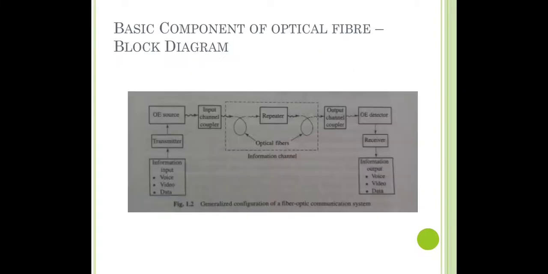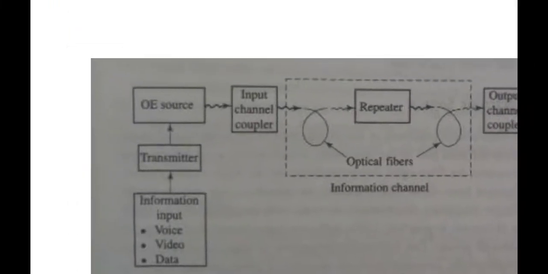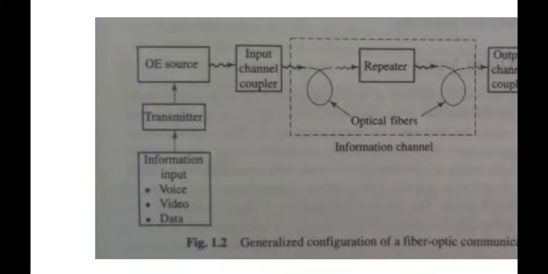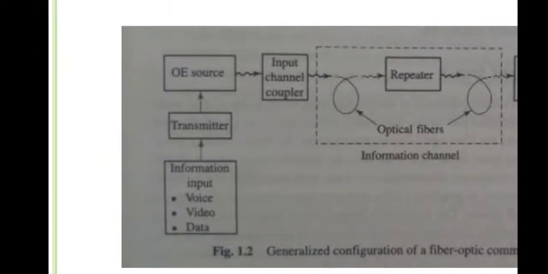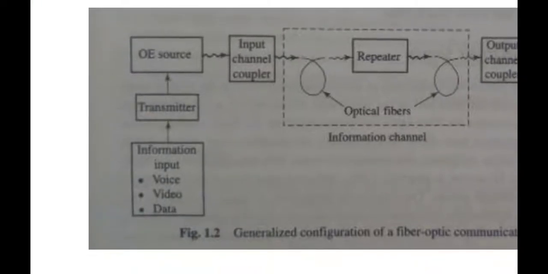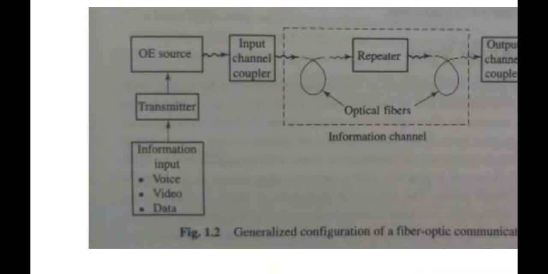And the next block in the block diagram is the OE source. OE source is nothing but an optoelectronic source. The purpose of this block is, in an optical fiber cable, our information is in the form of light rays. So in order to convert the electromagnetic waves into light rays, the optoelectronic sources play a major role.